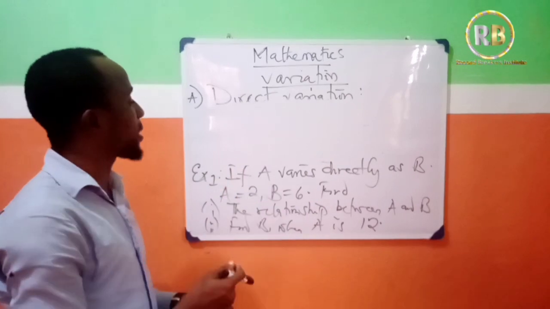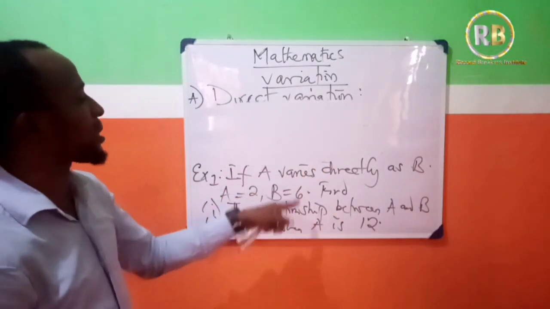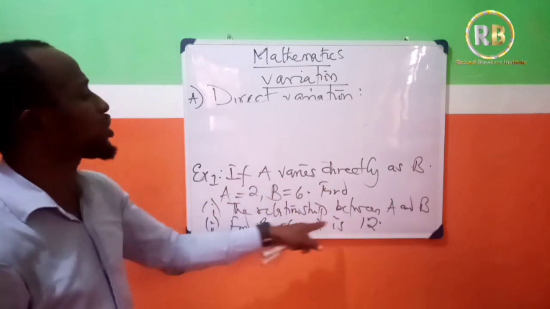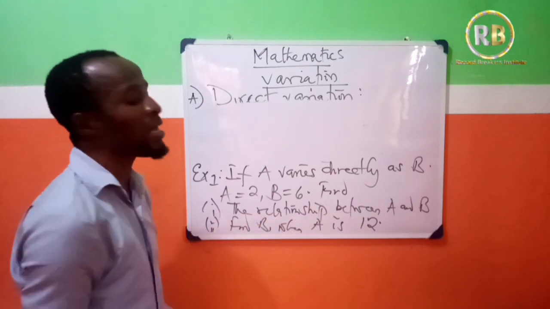Based on the example I just gave, I say if A varies directly as B and A is 2 and B is 6, find the relationship between A and B, and find B when A is 12.